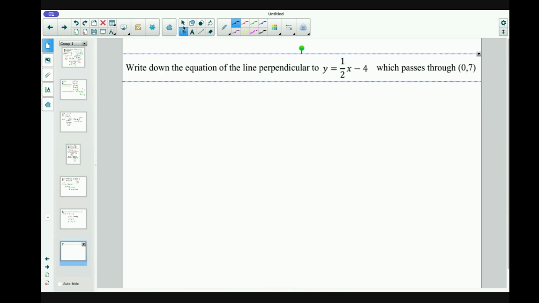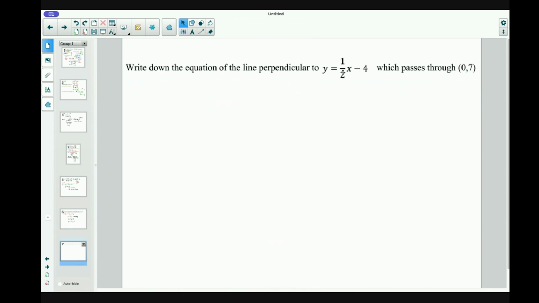So we have the equation of a line perpendicular to y is equal to 1/2 x minus 4, and it also passes through a certain point. Okay, so there's going to be 2 steps to this question. So please be careful about what we attempt to do here. So remember, our first step is to find out our original gradient, and then we need to find the perpendicular gradient. And then we need to come up with a brand new equation with the stipulation that it passes through the point 0, 7.